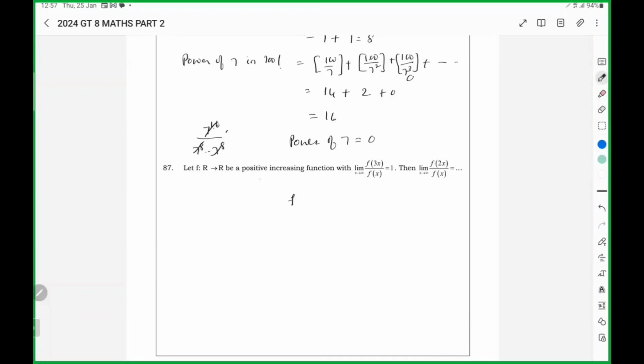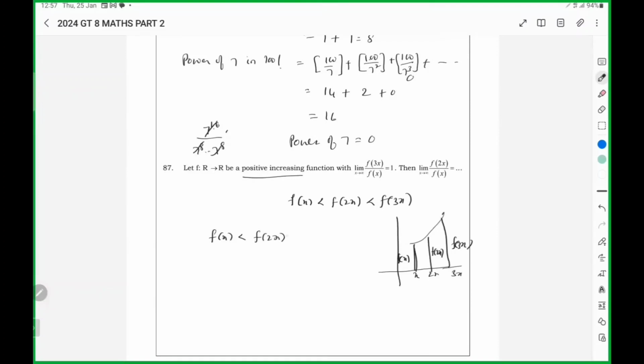This one, f is an increasing function. It lies between, because f is nothing but a graph x, 2x, 3x. Once it is an increasing function, f of x is the y value here, f of 2x. Now I'm dividing each term by f of x.